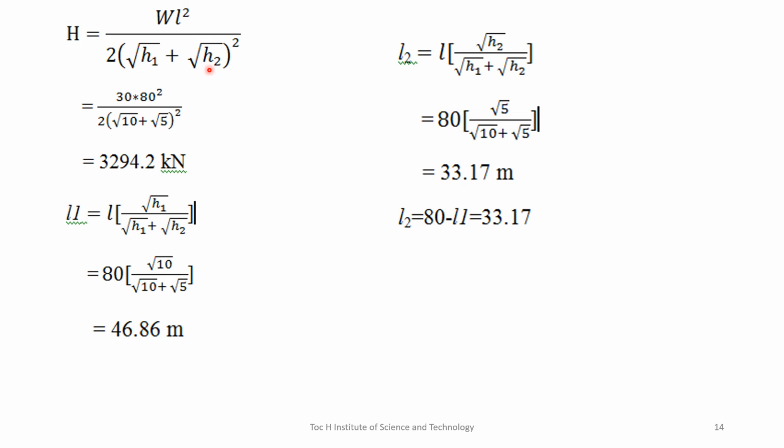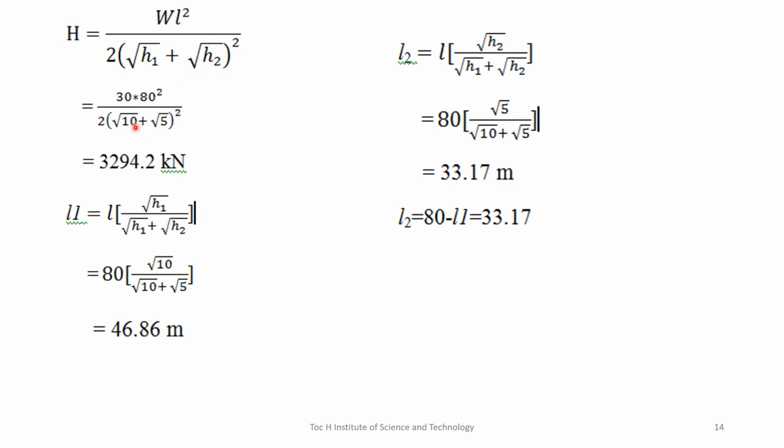So use the equation to calculate L1 is equal to small l into root of H1 divided by root of H1 plus root of H2, and also L2 is equal to L into root of H2 divided by root of H1 plus root of H2, and also horizontal thrust H is equal to WL square divided by 2 into root of H1 plus root of H2, where H1 is the height of the support A from the central part of the cable, and H2 is the height of the support B from the central part of the cable.